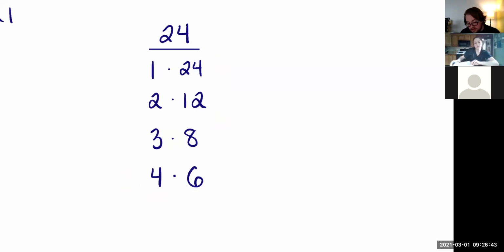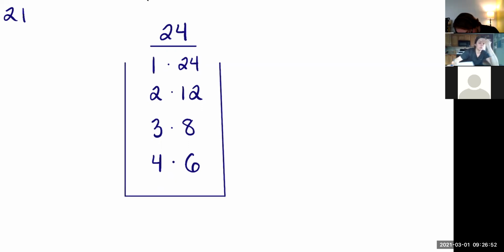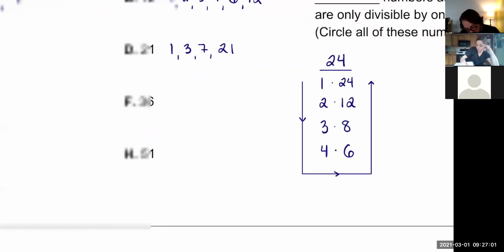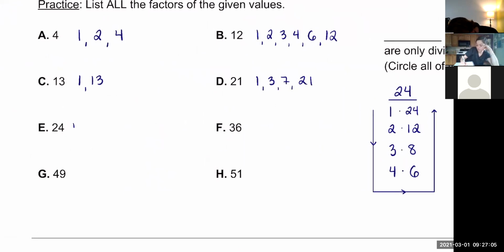As soon as I start to cycle back around, I know that if I were to list them in order, going down the left column first, and then jumping over to the right and going up the right column, I have every factor listed here. So if I were to come back over to my little sample space here, factors of 24 are 1, 2, 3, 4, 6, 8, 12, and 24.